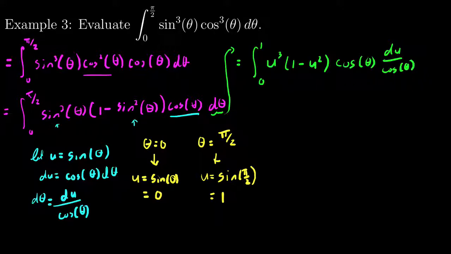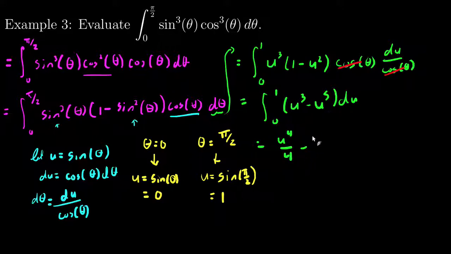The cosine thetas cancel. I will distribute the u cubed through, so I get integral from 0 to 1 of u cubed minus u to the 5th du. And I'll take the antiderivative. Antiderivative of u cubed is u to the 4th over 4.